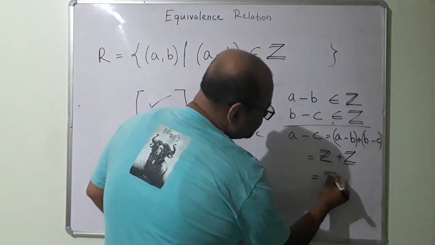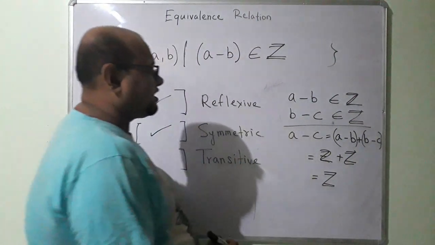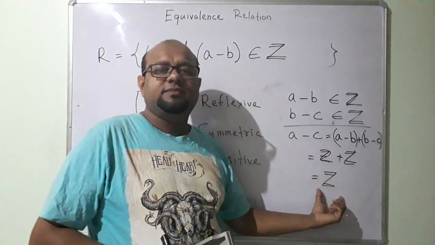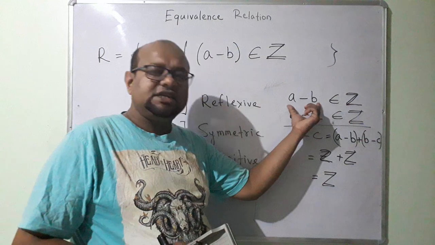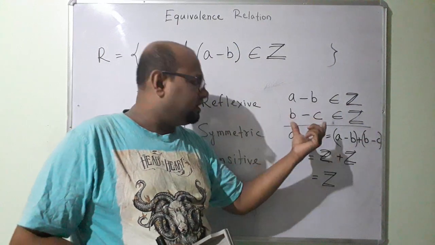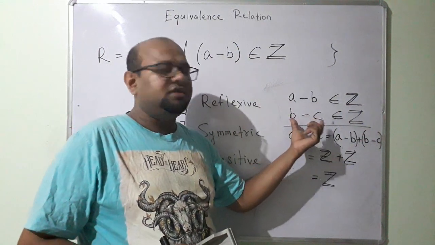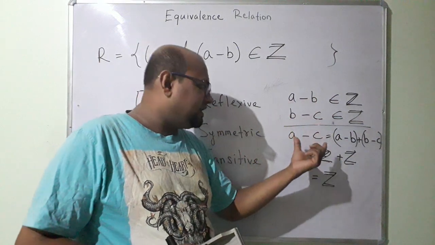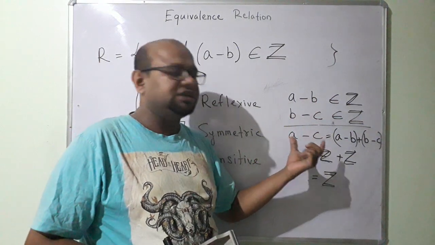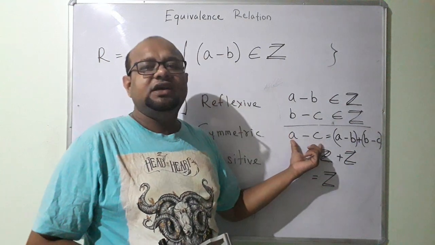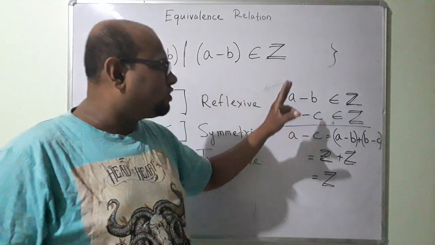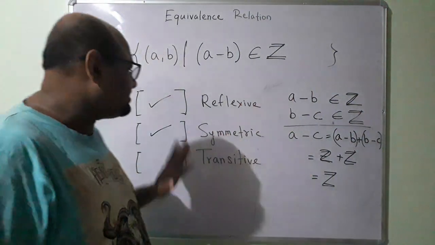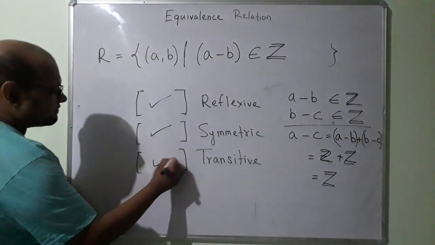Integer plus integer will give me an integer. So A minus C is also an integer. So if AB belongs and BC belongs, then AC belongs. That means this relation is transitive.